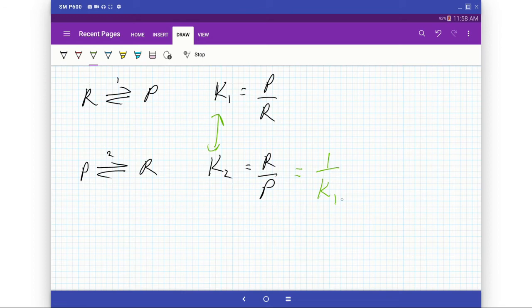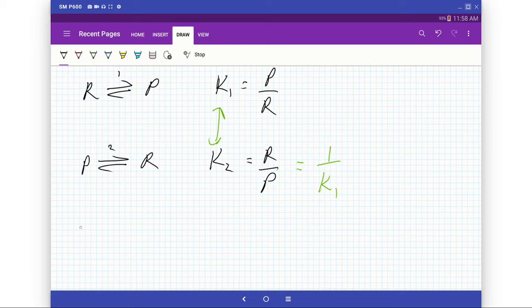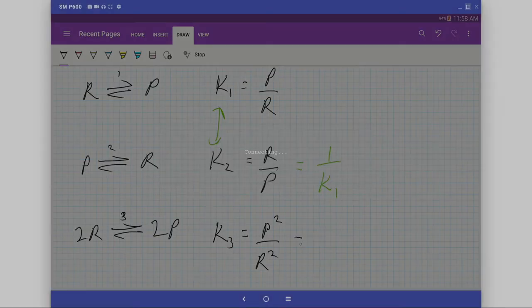How do I go about doing this? The other way that you could write it, we'll just leave it like that for now. Next one is I'm multiplying through by a constant. So I have 2 reactants in equilibrium with 2 products. Call that reaction 3, and K3 is now P squared over R squared. Someone else?